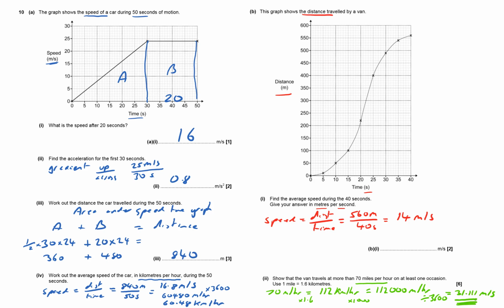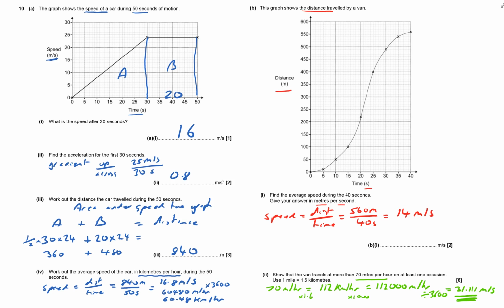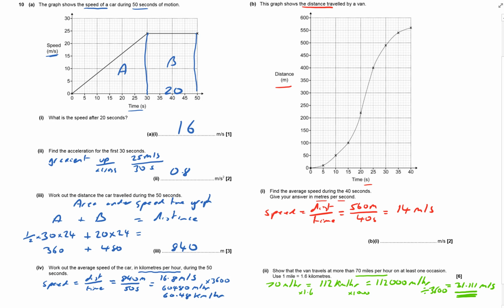That's the number I've got to compare with. And somewhere in this graph here, the speed must have been bigger than 31.1. To do this, we know that for a distance time graph, the speed is the gradient. So I'm looking at when the line is steepest, and it's steepest somewhere around about here. So if I draw that line in there, it's meant to be at a tangent to the curve, and now I can work out the gradient at this point here.